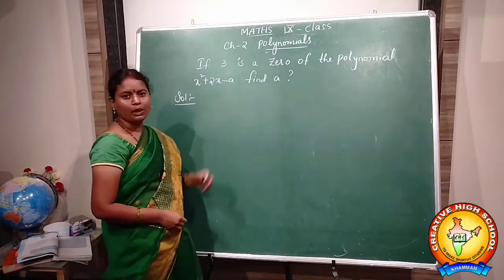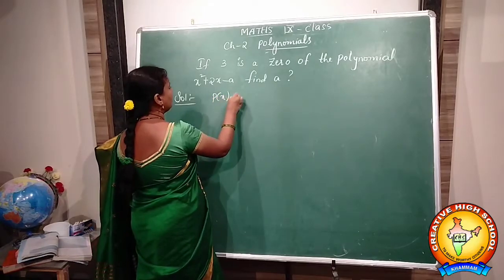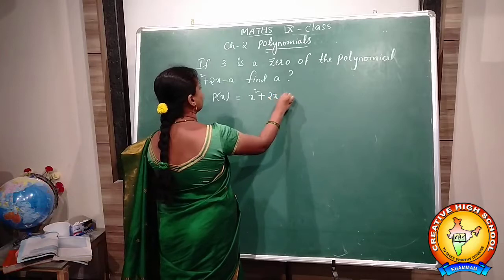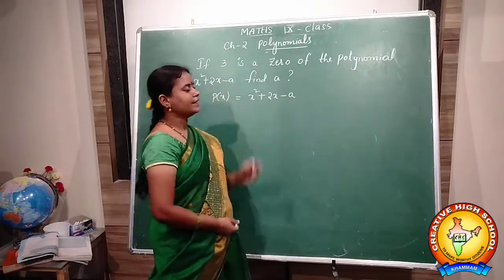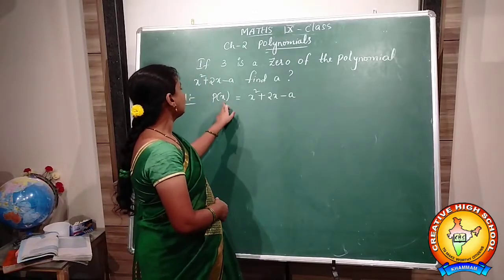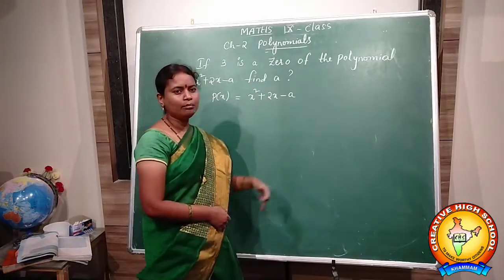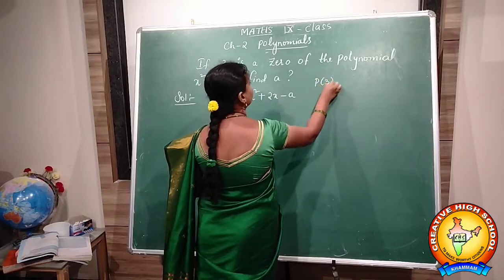Let us write the polynomial p of x. P of x is equal to x square plus 2x minus a. Already 3 is the zero of the polynomial, as given in the question itself. That means if we substitute 3 in this polynomial, the total value becomes 0. P of 3 is equal to 0.